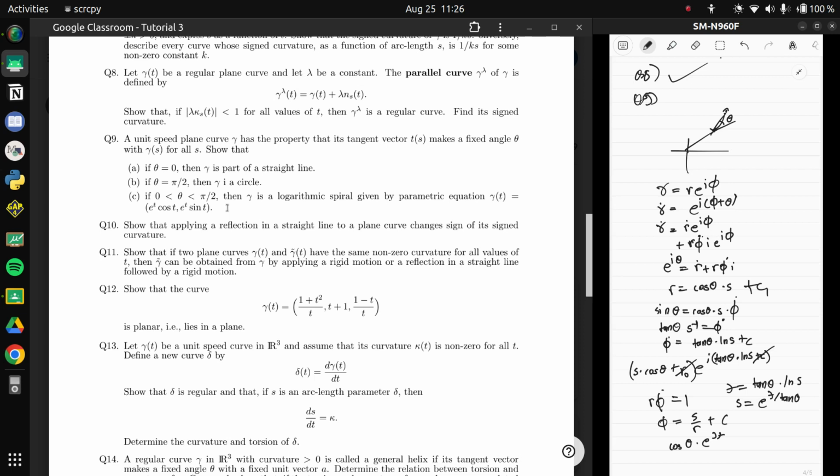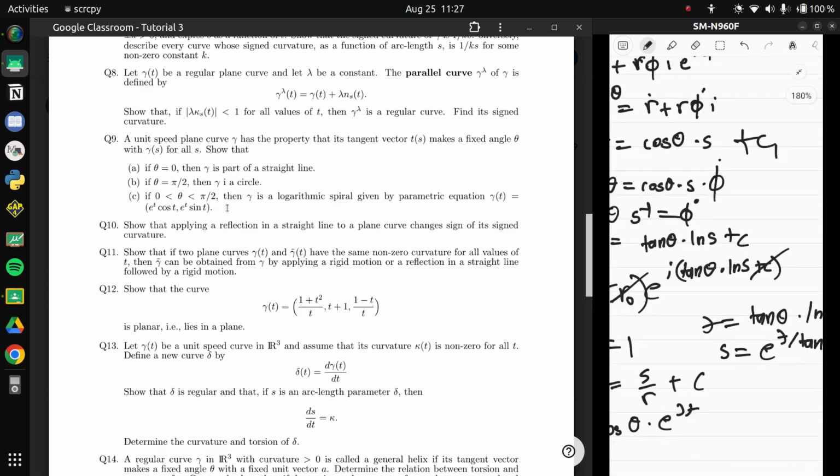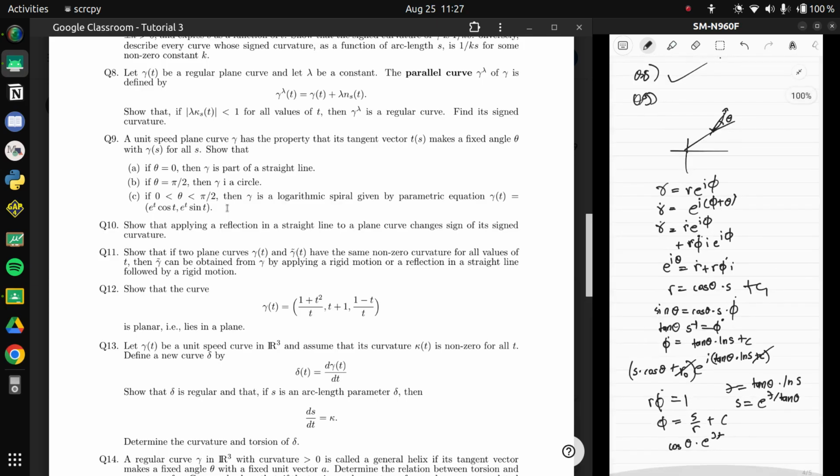Think about it. Tan theta could be just anything, right? Okay, think about it. I just got e power t. That would be e power t. Sure. Something is not right about this. It's cosine theta times s plus c1.